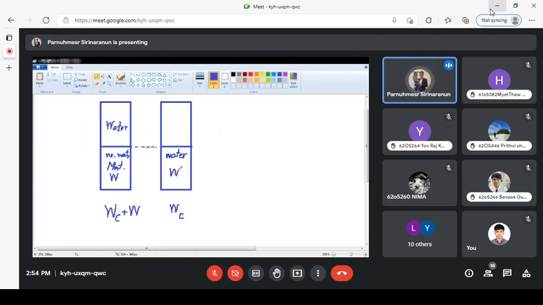This weight, it should be what? Remember last time? What is this weight? It is the weight of disappear water. Okay? It is the weight of disappear water. So this beaker also has the weight of disappear water.